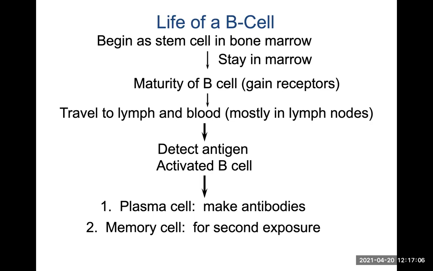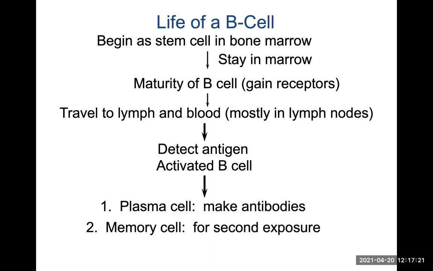And then some of those clones will become plasma cells, which are just antibody factories. They just make and spit out lots and lots of antibodies. And then another part of that army, that clone, will become what we call memory cells.